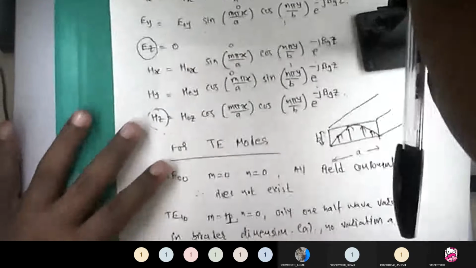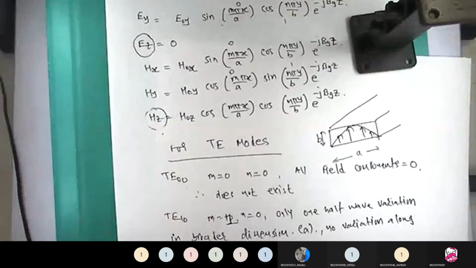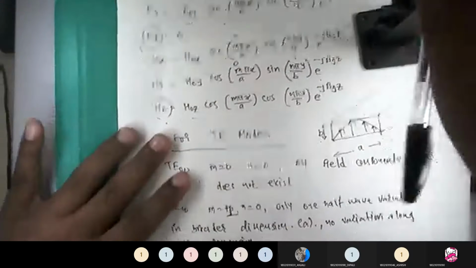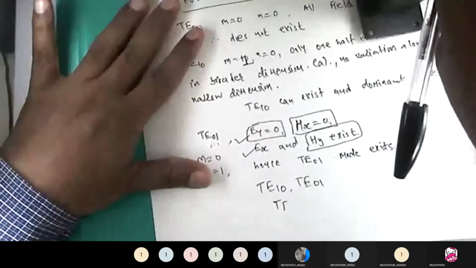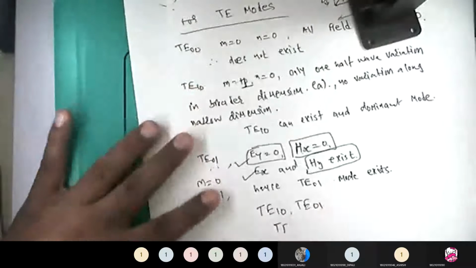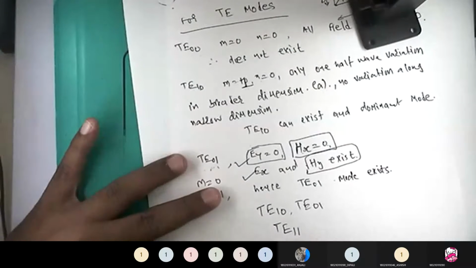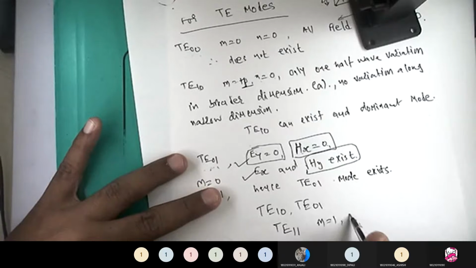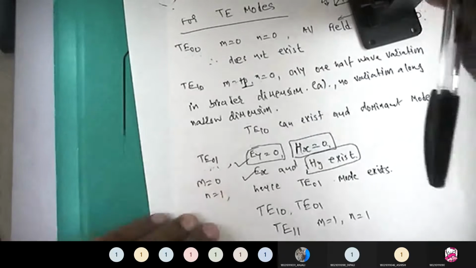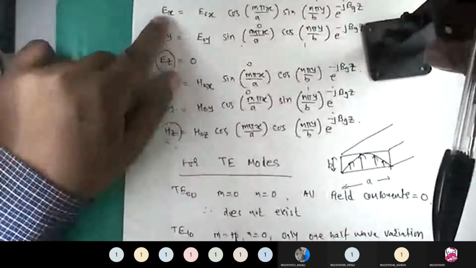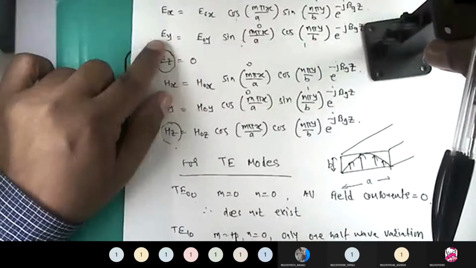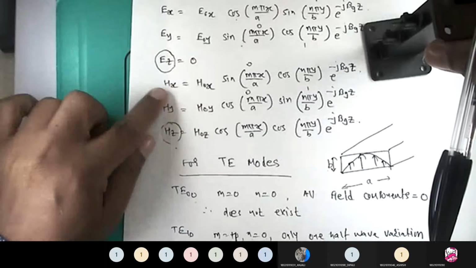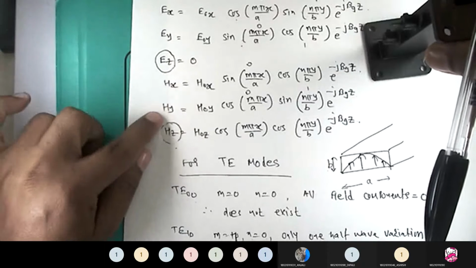And if we now talk about the higher order modes, for example TE11, then in this case also m will become 1 and n will become 1. And for that case also, if you check, there will be the existence of Ex, Ey, Hx and Hy.